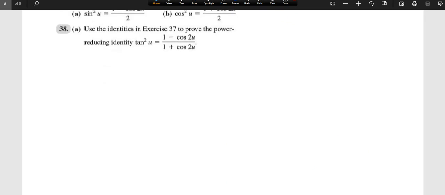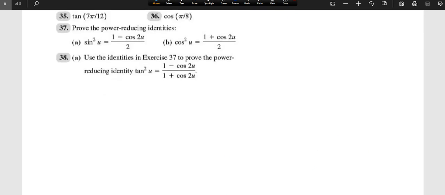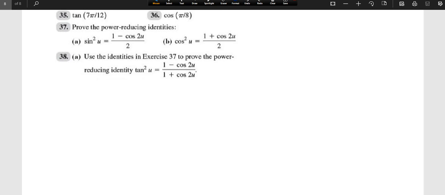Okay. I think we should look at the review sheet. 38. 38's not as bad as you think. Use the identities in 37. So they want you to go up above and look at it. So we know that tangent squared is sine squared over cosine squared. All right.